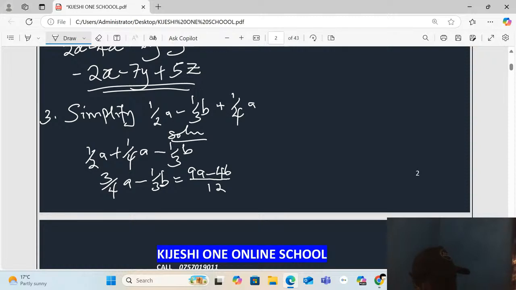So we shall have 9a minus 4b over 12, which is the LCM. This is now our answer. So that one becomes your correct answer.